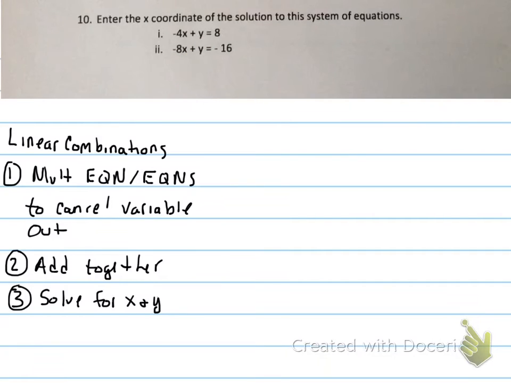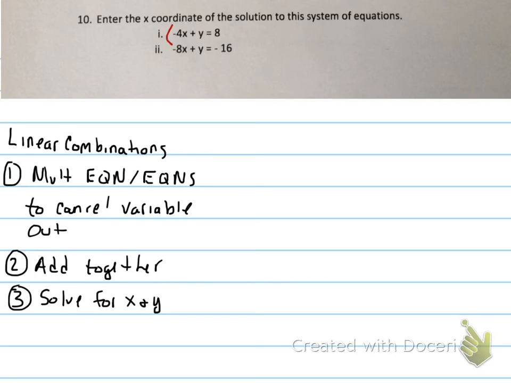Okay, so linear combinations. This is the other way. What I'm going to do is try to get rid of one variable. I'm going to cancel these y's out. I could theoretically subtract these and do the same thing, but I'm going to show you this because no one's seen it yet. It's an easy way to do it, but it gets confusing at first.